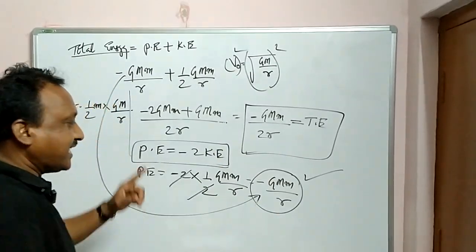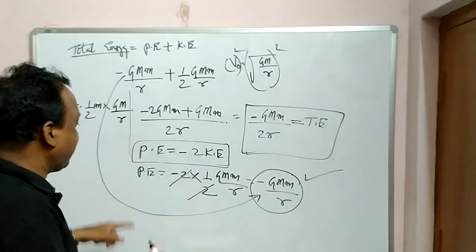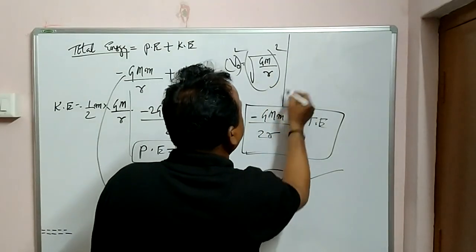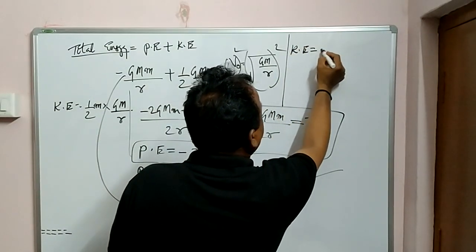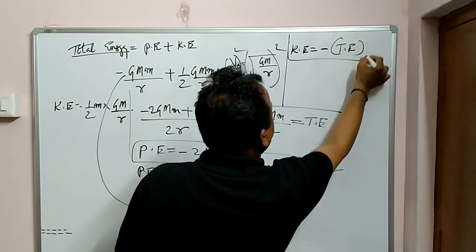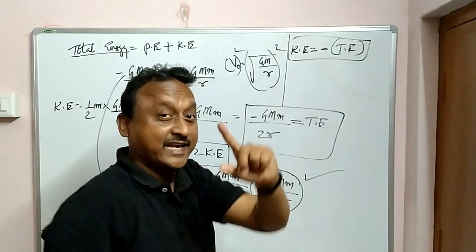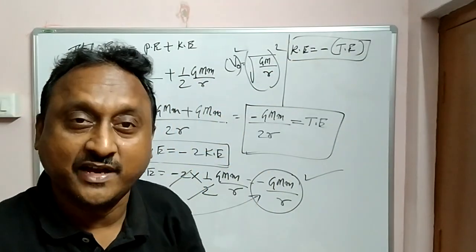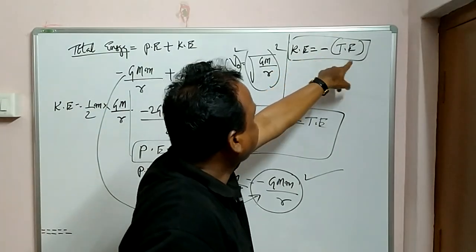Then kinetic energy and total energy will be the same but with different sign. See, kinetic energy is equal to minus of total energy. This is how you remember the concept. Kinetic energy cannot be negative, it is always positive because of v square. So KE is equal to minus of total energy.